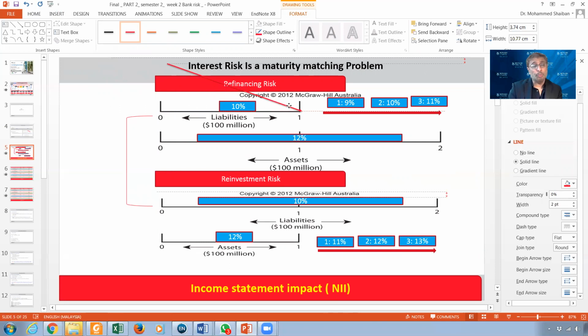So there are 2 options here. Either I ask them to keep it for 1 year more, or I get other depositors to give me their 100 million and I continue, because the loan money is locked here. I can always get other deposits, or I can always roll over those deposits.